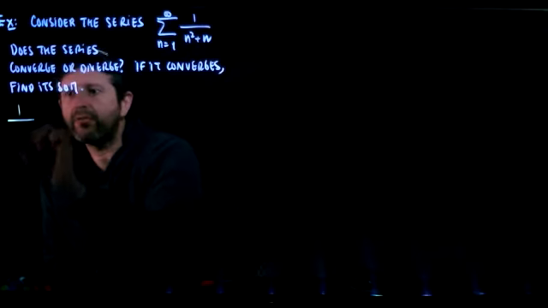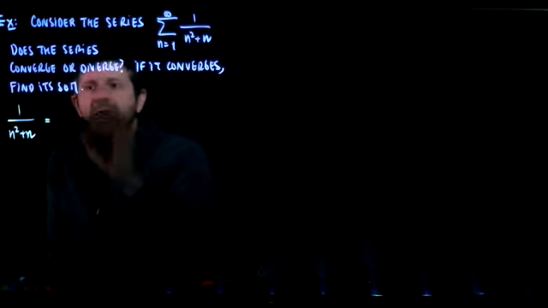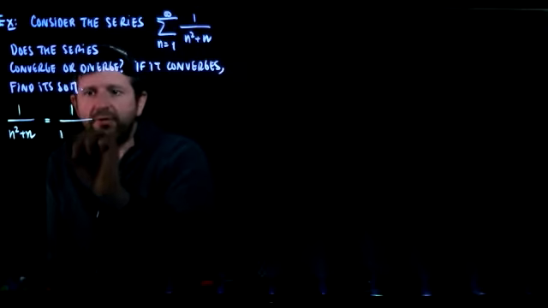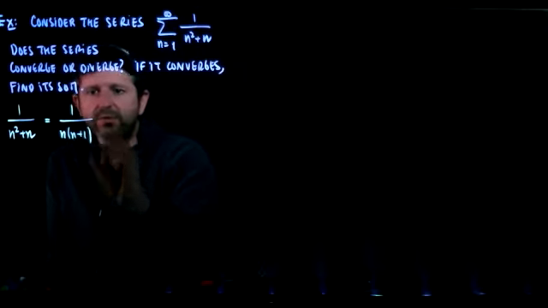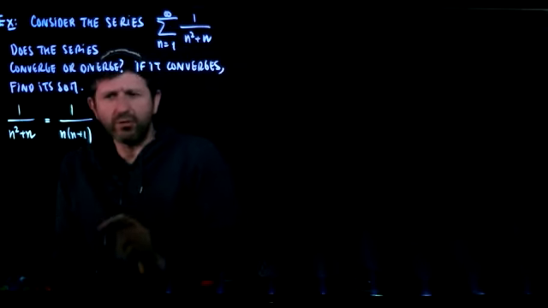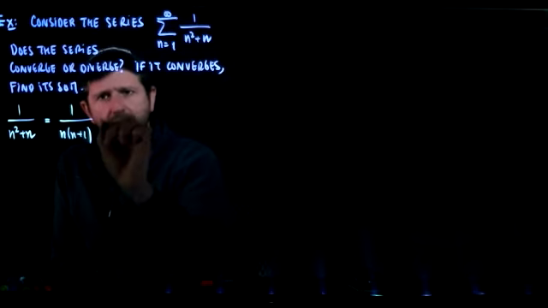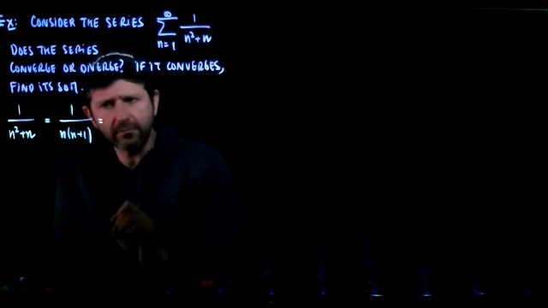1 over n squared plus n. The denominator could be factored, n times n plus 1. Do you remember something like this in integration? When we had the denominator factored, what would you do? Partial fractions.